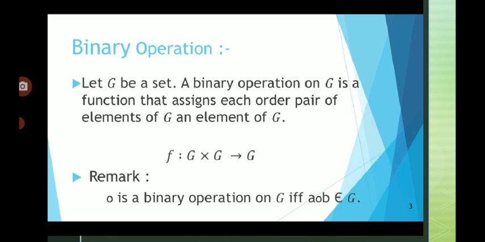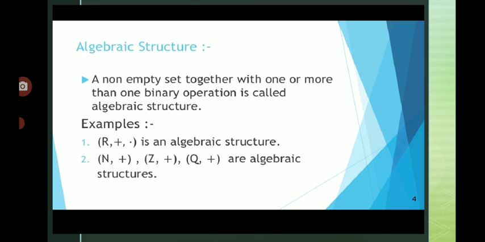There is another remark for binary operation. A circle is said to be a binary operation on G if and only if for any two elements A, B, A circle B is also an element of G. Then circle is called a binary operation. Next, we discuss another definition, algebraic structure.